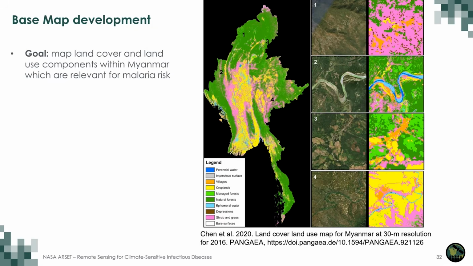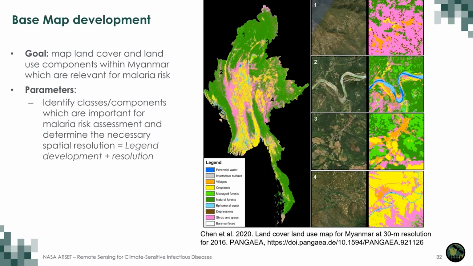For us, the goal was to identify land cover and land use components in Myanmar, which are going to be very relevant for malaria risk. After we did our conceptualization, we identified the parameters, essentially, the classes that are going to be relevant for malaria risk assessment. And that determines the classes that you include here in the legend.